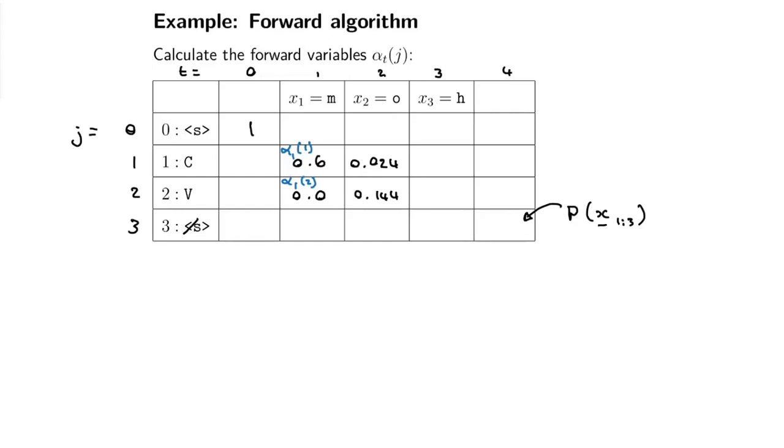Okay, now let's consider this one here. It's alpha for time step 3, state 1. Okay, alpha for time step 3, state j. You can go through the previous algorithm summary. This is P of x at time step 3 equal to the observation, the thing we're actually observing now, which is h, given that we're in state j, I'll make the j a 1 in a second.